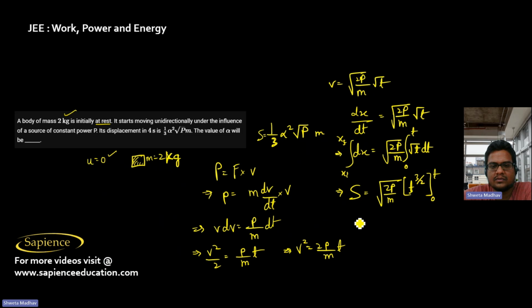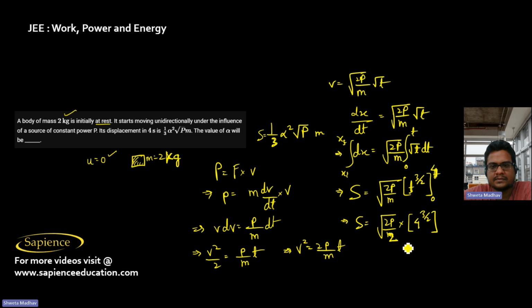The displacement in 4 seconds. So the s will be equal to root over 2P by m into, so the mass is 2, so I can write 2P by 2 into, and t is 4, so 4 power 3 by 2, 0 to 4.